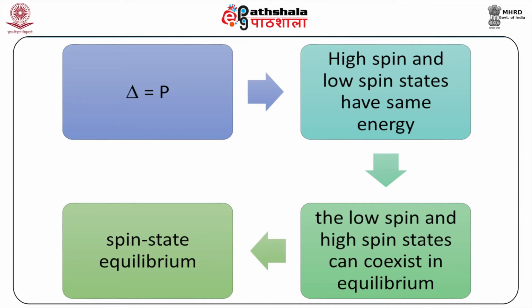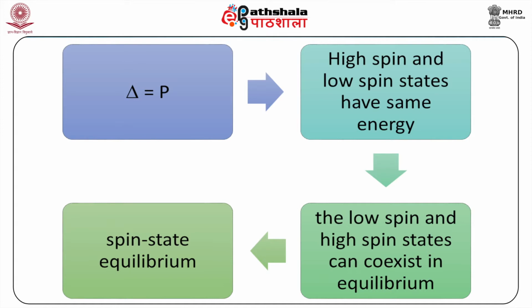Further, in an octahedral field, if the energy of the two spin states is the same or nearly the same, the low spin and high spin states can coexist in equilibrium. This phenomenon is referred to as spin state equilibrium.